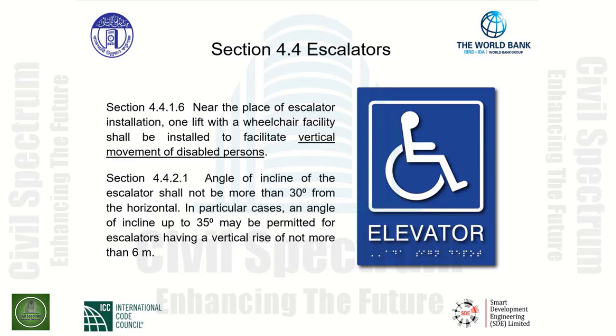Accessibility comes in our code requirement according to section 4.4.1.6. Near the place of escalator installation, one lift with a wheelchair facility shall be installed to facilitate vertical movement of disabled persons. Now, this is necessary due to the fact that wheelchairs cannot function on an escalator. They are not permitted to ride on an escalator or be transported on an escalator.